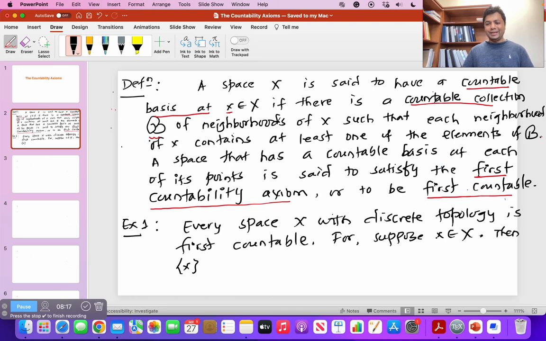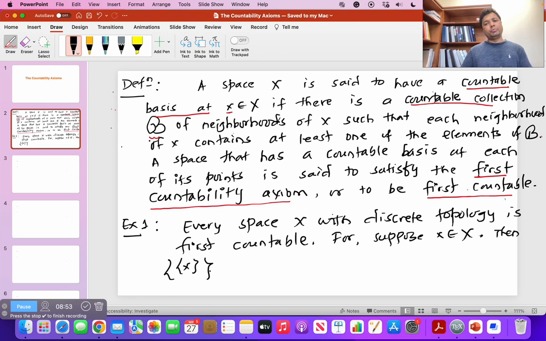So if we pick any x in X, and if we have a discrete topology, this singleton set is a neighborhood of x. If we just consider the collection of this one singleton set, since it has only one element, it is obviously countable. Then this collection is a countable collection of neighborhoods of x.